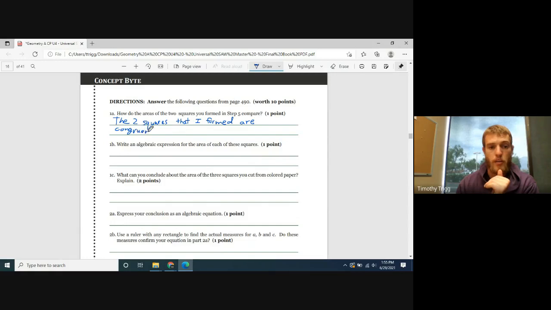Again, to remind you, congruent means they're the exact same size, exact same shape. They're exactly the same. In geometry, that means congruent. Write an algebraic expression for the area of each of these squares.